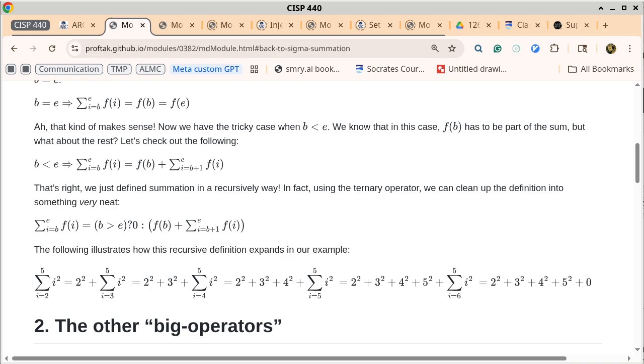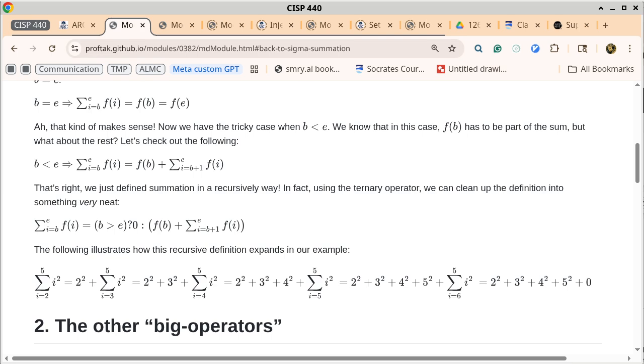So this expression is the same as this ternary expression here. This is a ternary expression because we can see there's a question mark and there's also a colon. If B as a beginning index is greater than the end index, that means there's nothing we are adding because the end should be greater than or equal to the beginning. So if the beginning is greater than the end, that means the sigma notation returns a 0.